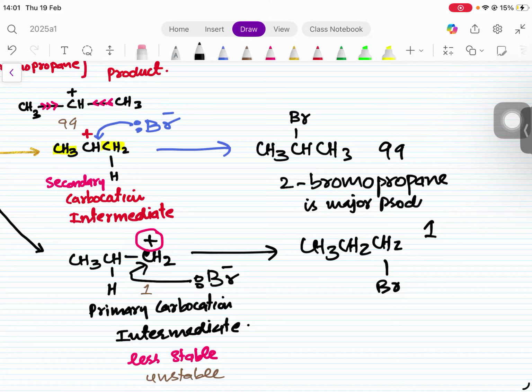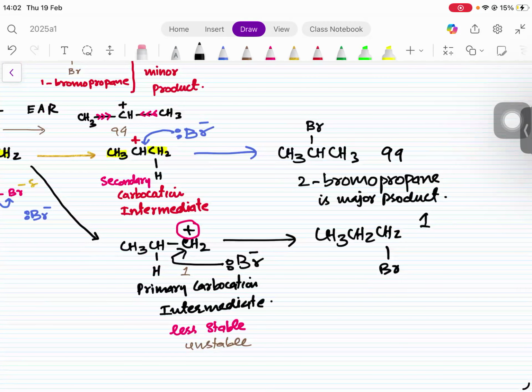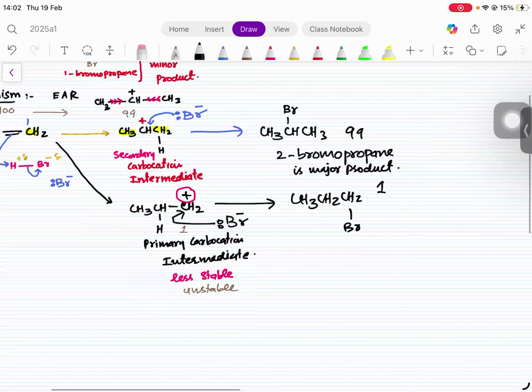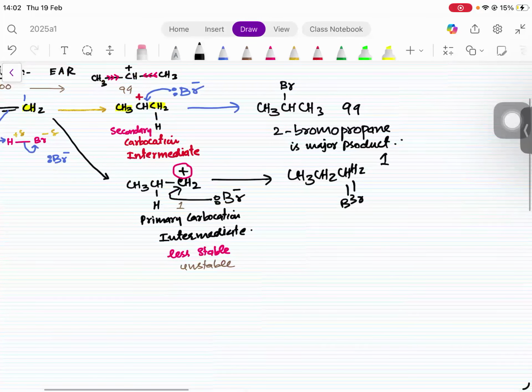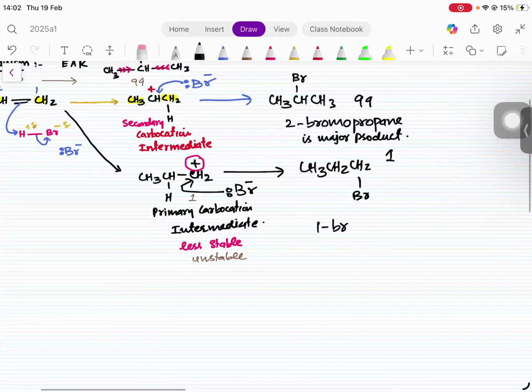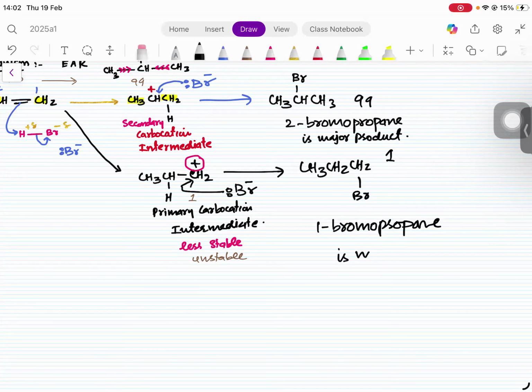Why? Because its carbocation, being a secondary carbocation with two alkyl groups attached, has more positive inductive effect, which gives stability to the carbocation. So please write down that it's the major, and 1-bromopropane is the minor product.